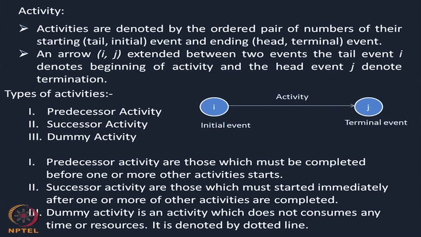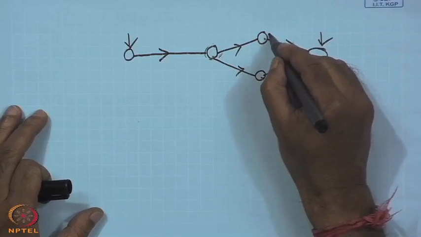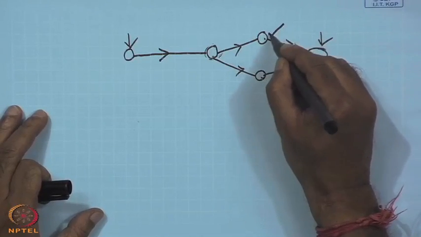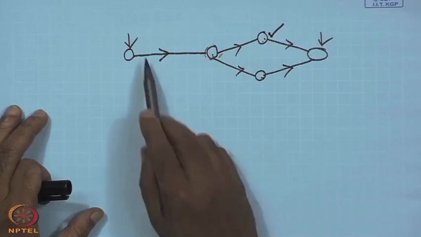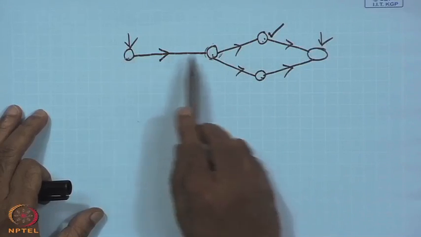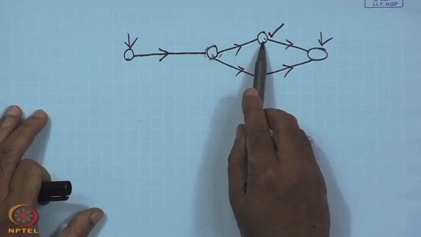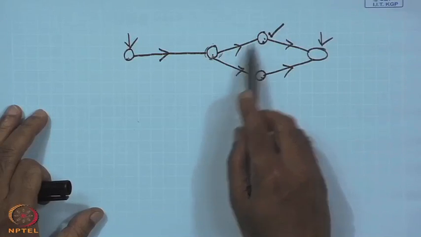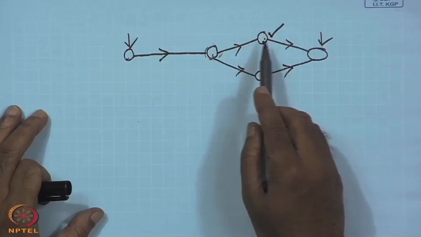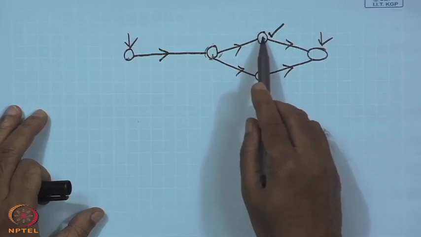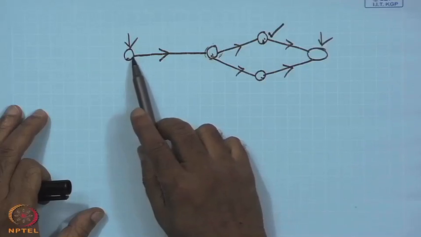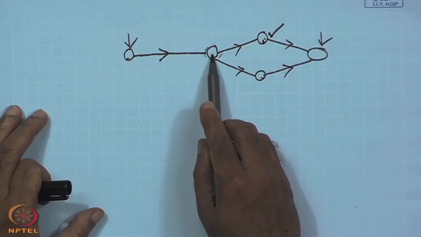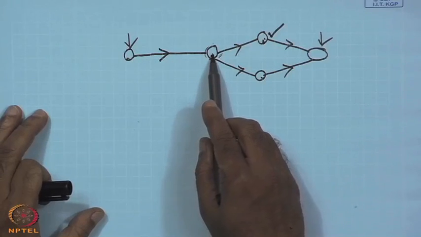In this figure, if I think about this activity, the predecessor activities of it are this one and this one. These must be completed before this activity starts, and these are known as the predecessor activities.